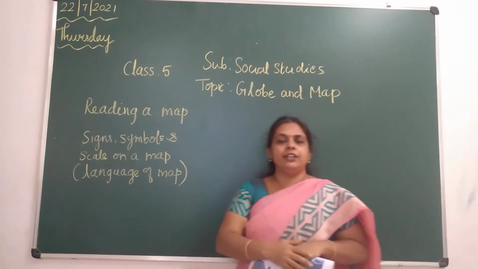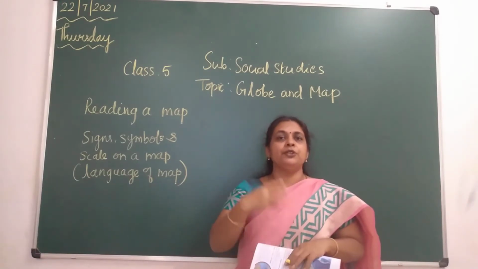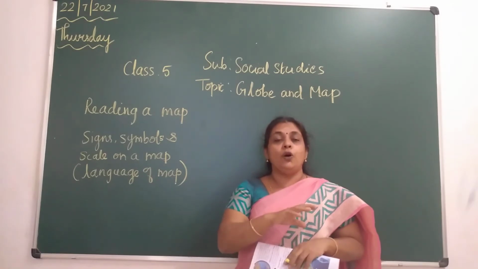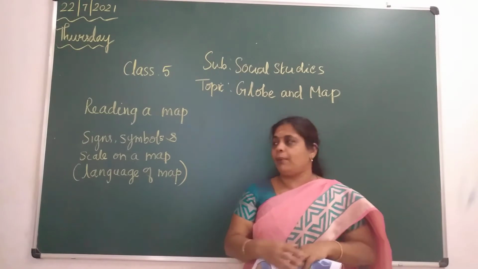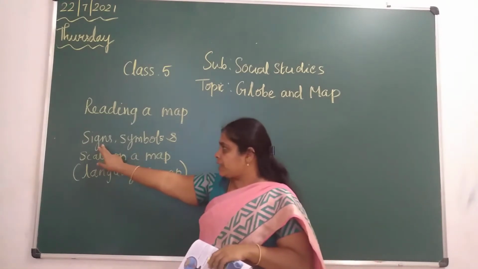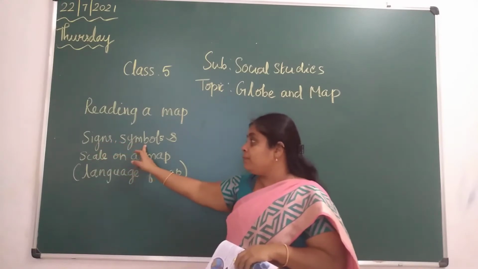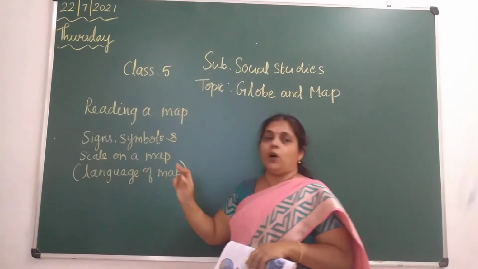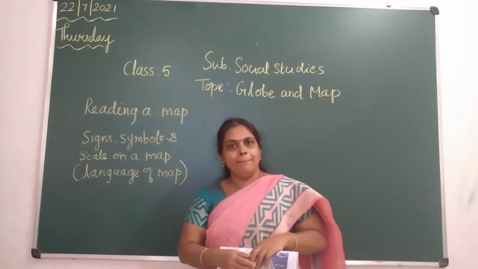See, you are learning English. For English, we should know the grammar, we should know the words, how to frame a sentence. Like that, to learn the map, you need to understand the signs, what the signs mean, symbols and scale on a map. These three things are called the language of a map, children.